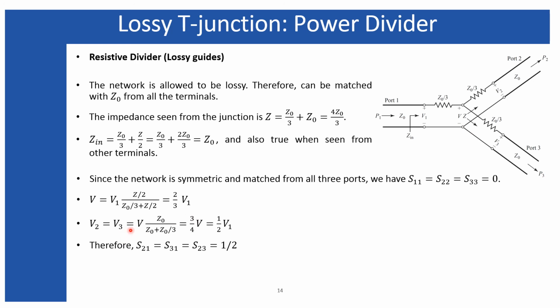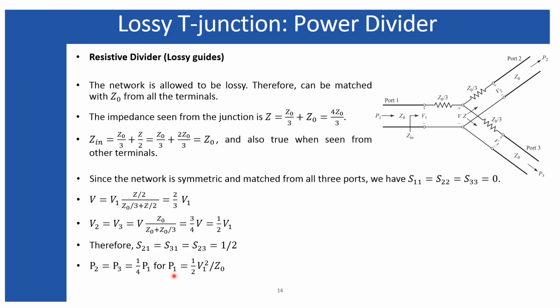So V2 and V3 will be V times Z0, since Z0 is appearing across this terminal, across which V2 and V3 appear, divided by Z0 plus Z0 divided by 3. That gives 1 divided by 2 times V1. Therefore S21, S31 and S23 will be 1 by 2.